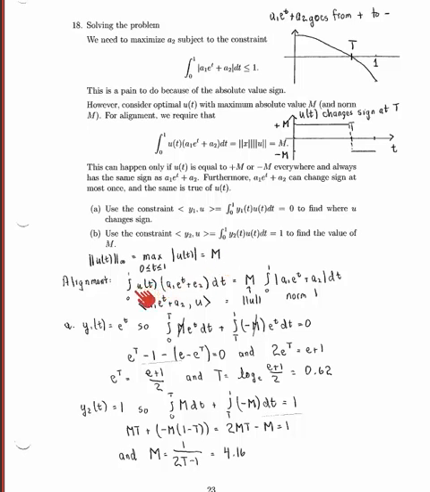How are we going to get alignment? To get alignment, we want the effect of the function u in the dual space on a1 y1 plus a2 y2 to equal the product of the norms.